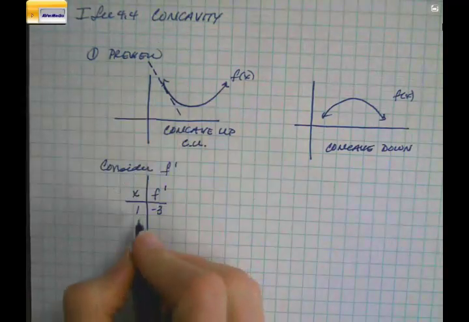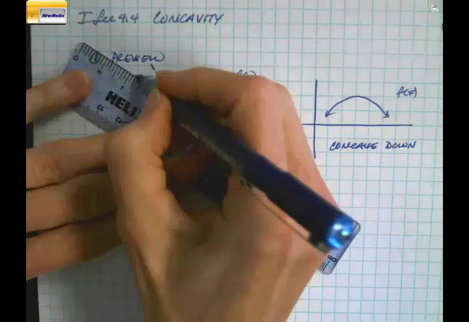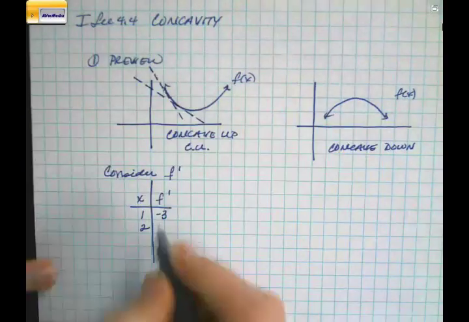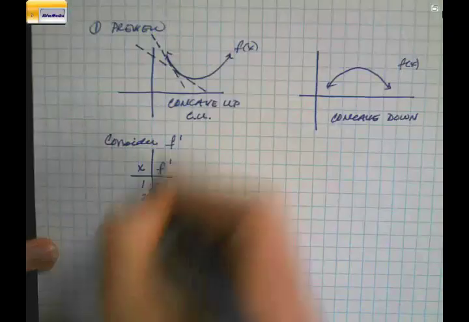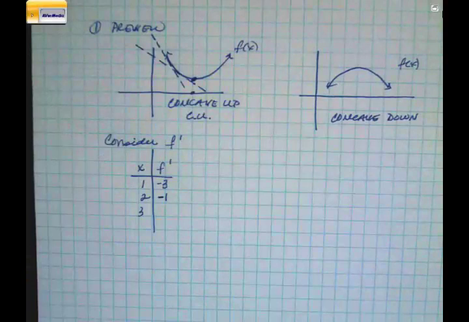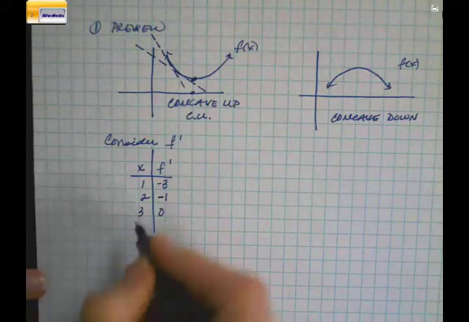Then if I look, say, where x is 2, the slope of the tangent line here would be approximately, maybe a -1. Then if I look at an x value of 3, okay, that's going to be like the vertex. What is the slope of the graph at that vertex? It's 0. The slope of the tangent line is a horizontal line, so it would be 0.